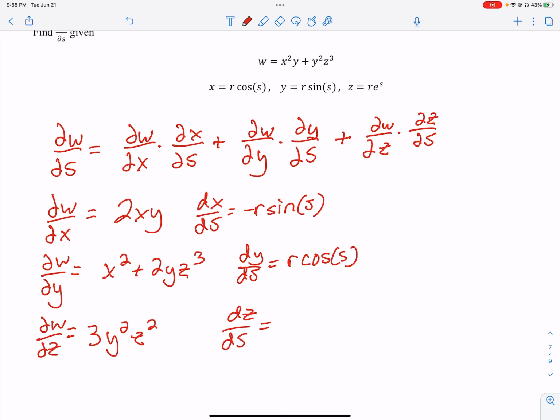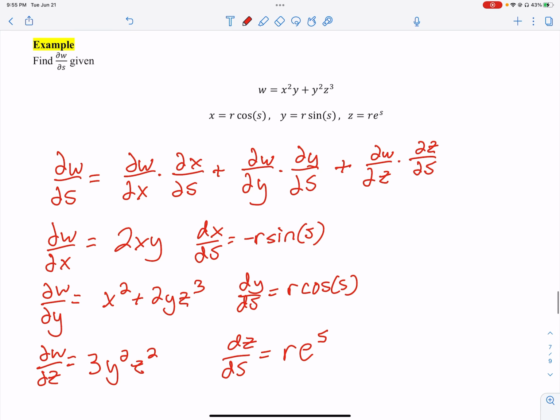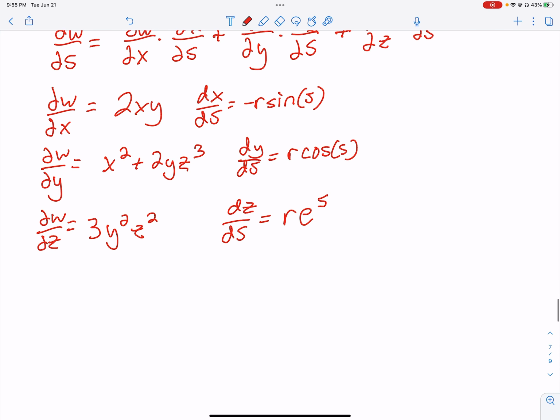That one's not as clean. e to the x is e to the x. Oh, it is really clean. We just get r e to the s. Then we're going to plug all that in.